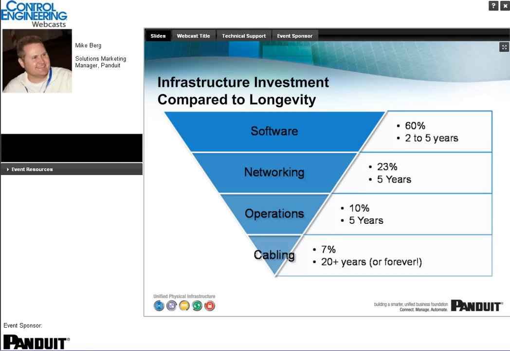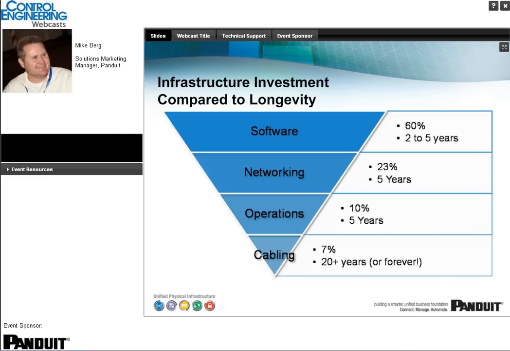So if we look at the different elements we have listed here, software represents about 60%, networking elements represent about 23%, the electronics side of it, the gear side of it, operations represent about 10%, and the cabling infrastructure, the physical elements here of the infrastructure, only represent about 7% of the network. So IT budgets tend to spend most heavily on software and hardware, obviously from the numbers that we see here. And a very small percentage of that budget is going to be going to the cabling.